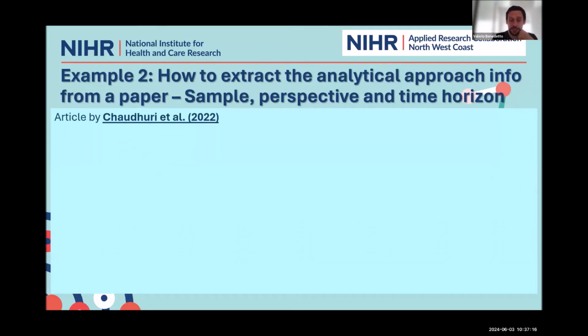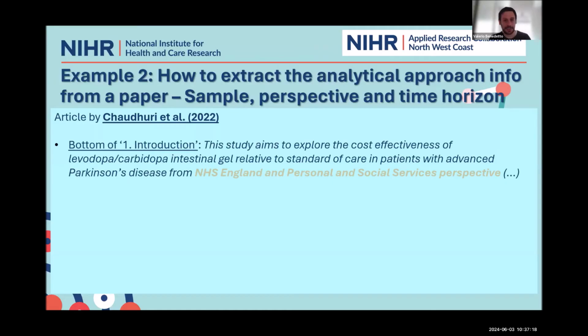Let's go back to the article we use as an example, the article around advanced Parkinson's disease. In the introduction, this is the sentence we were looking at before. We already know this perspective, which is the perspective of NHS England and Personal Social Services.